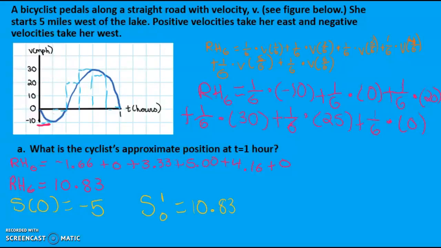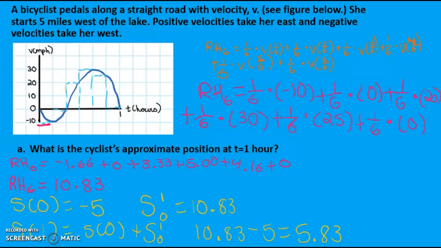In order to calculate the position at t equals 1 hour, we can say that S of 1 equals S of 0 plus the change between t equals 0 and t equals 1. And when you put that all together, it's going to be 10.83 minus 5. It's 5 because the cyclist starts initially 5 miles west of the lake, and you're going to see that the answer is going to be 5.83.